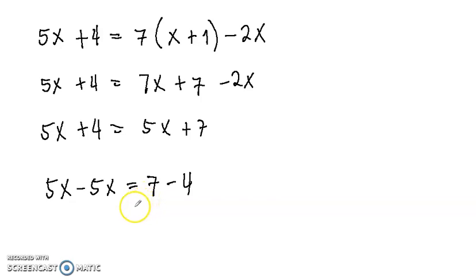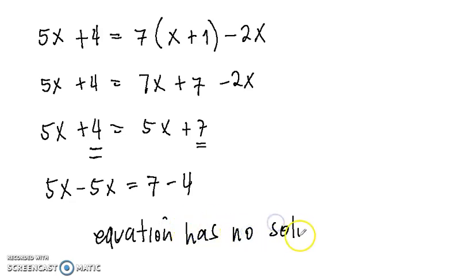So here, since 4 is not equal to 7, the equation will have no solution. Because 5x minus 5x becomes 0, in this example the equation has no solution.